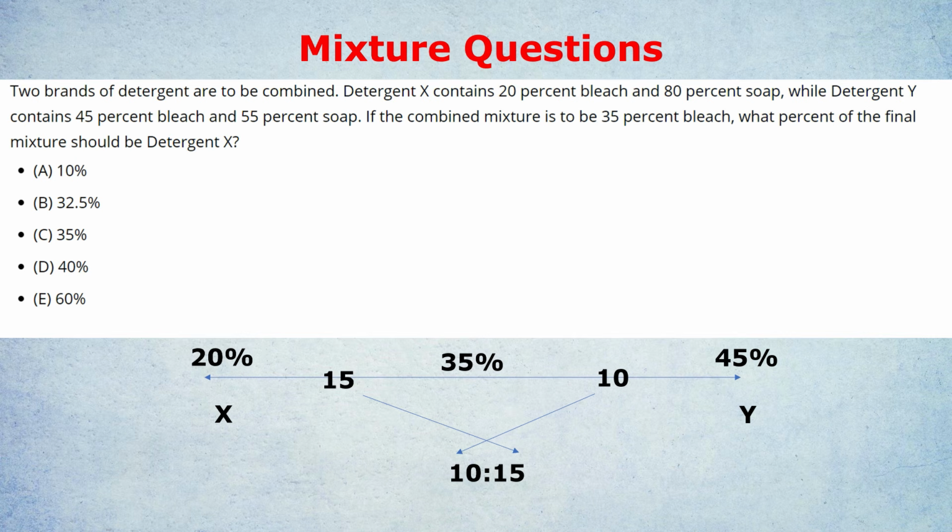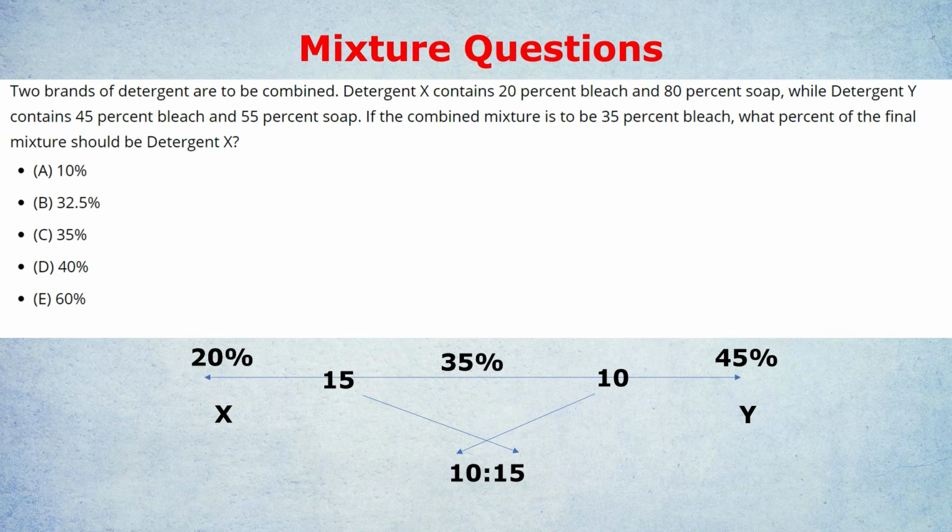The reason we do this, the short version of the reason, I'm only going to give 20 seconds on it, is that the distances are inversely proportional to the weight of the average, meaning the further the distance, the less of that ingredient. Because 20 is further from 35 than 45 is, it actually contributes less to the overall total.